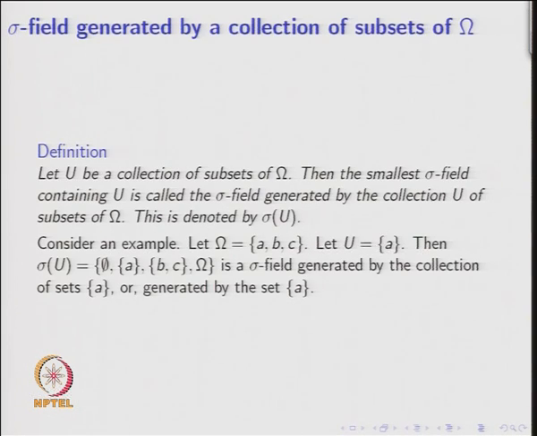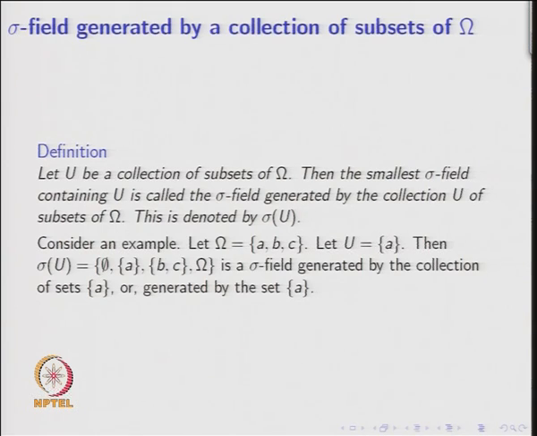Now, we present the sigma field generated by a collection of subsets of omega. Let U be a collection of subsets of omega, then the smallest sigma field containing U is called the sigma field generated by the collection U of subsets of omega.